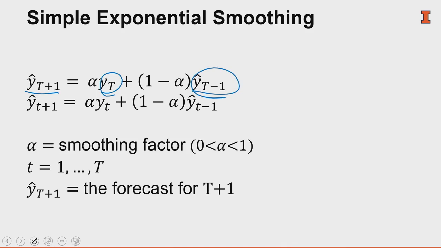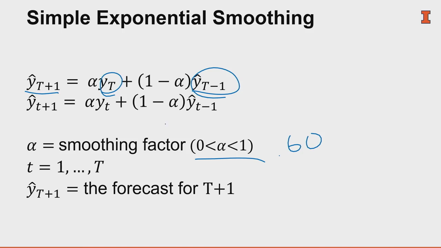And recall that alpha is between 0 and 1. So if alpha is 0.6, or 60%, you take 60% of your weight from yt, and 1 minus 0.6, or 0.4, from the previous estimate.